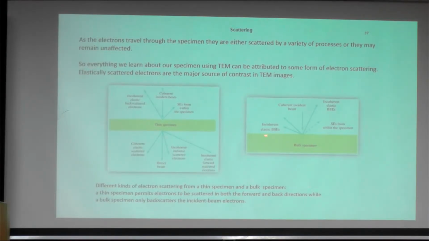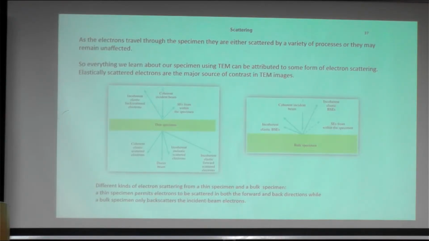But because your sample is very thick, there is so much multiple scattering in the sample that the electrons cannot get out of the specimen.